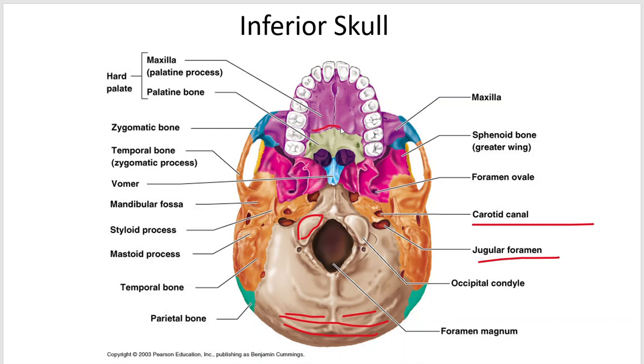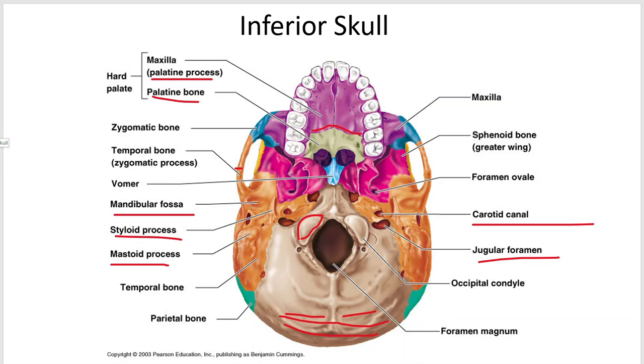You can see where the palatine process of the maxilla meets the palatine bone. Oh well, we'll let them have it their way. Let's see, mandibular fossa, styloid and mastoid process. Let's see what else we have on here.